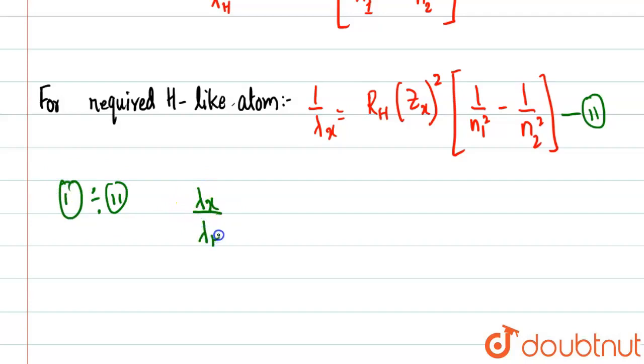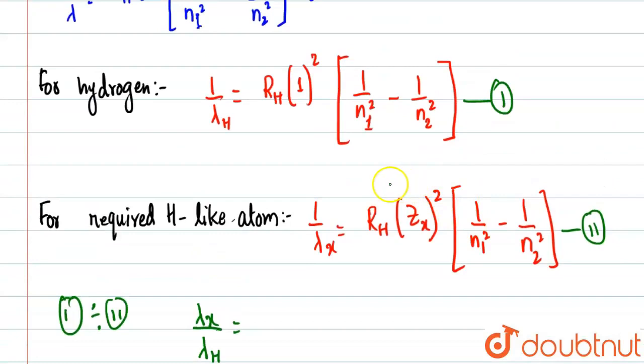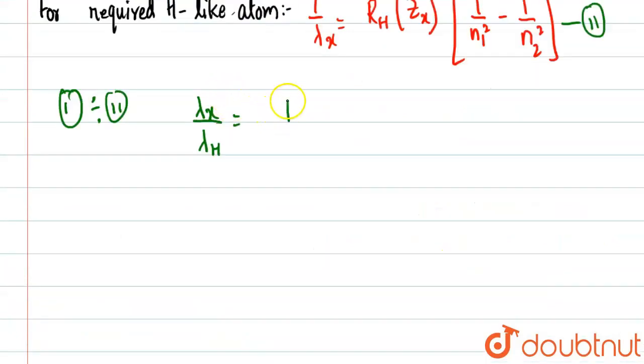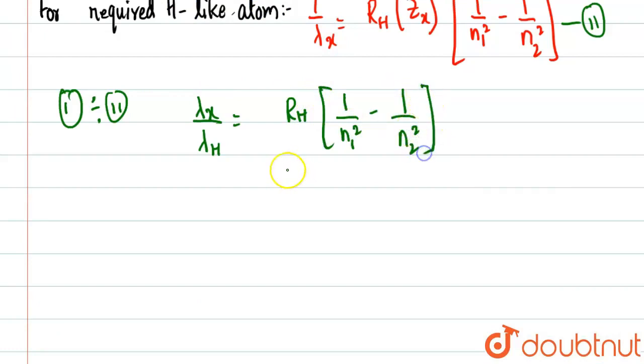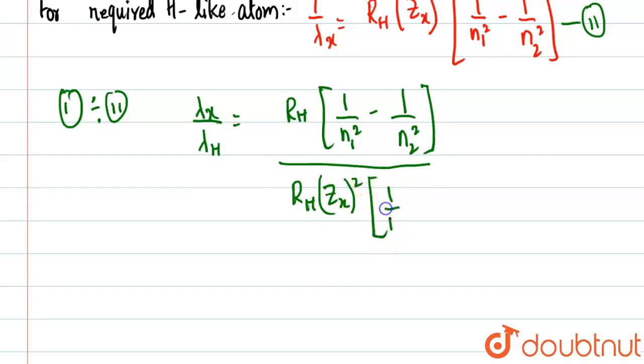Lambda x by lambda h will be equal to RH into 1 by n1 square minus 1 by n2 square, divided by RH into Zx square into 1 by n1 square minus 1 by n2 square.